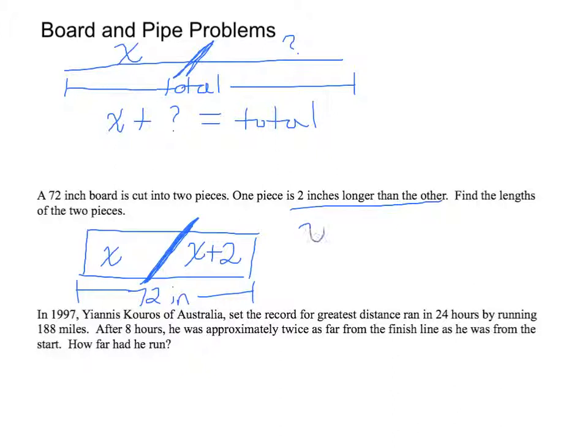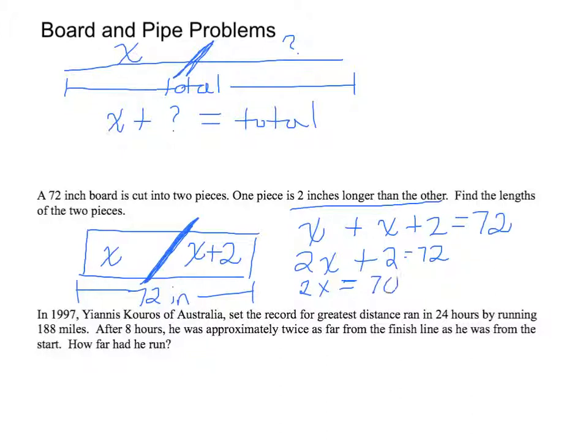So if I add those together, x plus x plus 2, I should get 72. So I really have 2x plus 2 equals 72, or 2x equals 70, because I'm going to subtract 2 from both sides.